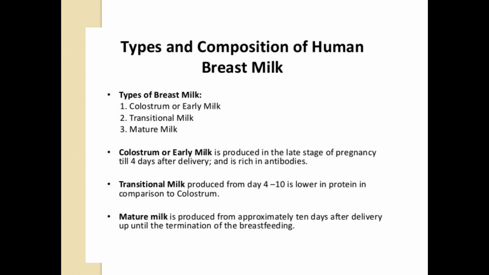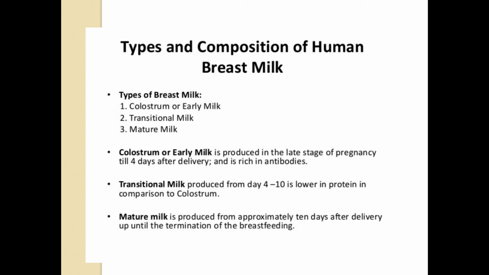But colostrum, though the volume is very minimal, is very, very important because it's very rich in proteins, and it contains colostrum corpuscles. I told you that is the alveolar cells and leukocytes loaded with fat. These colostrum corpuscles are very important. It has to be given to the baby because the newborn intestine can absorb proteins like immunoglobulins without digestion for a short period after birth.